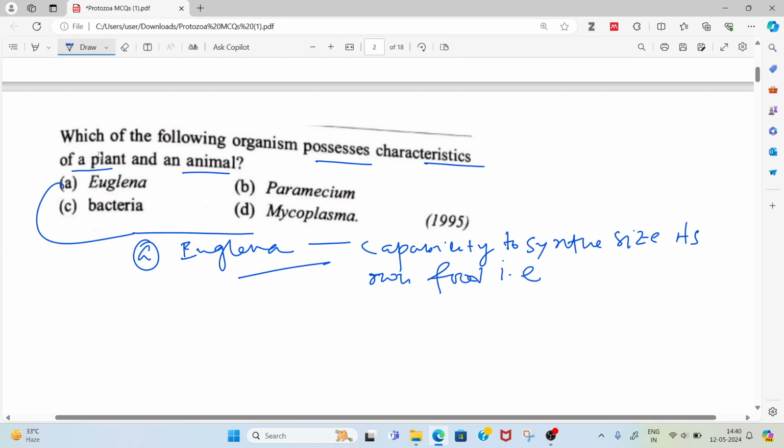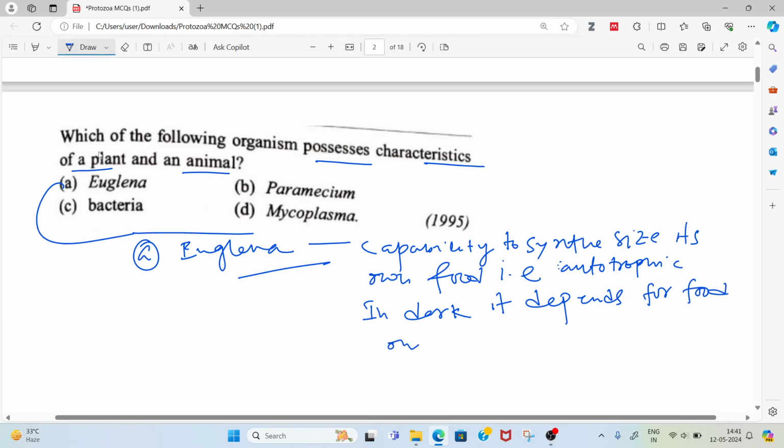That means they are autotrophic, and in the dark, it depends on other sources for food.